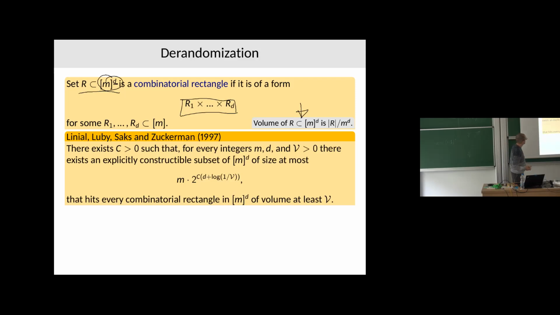For some constants, there exists a hitting set, a subset of m to the d, of this number of sequences that hits every combinatorial rectangle of volume at least v, right? This number which is here. How to see that it's not large?